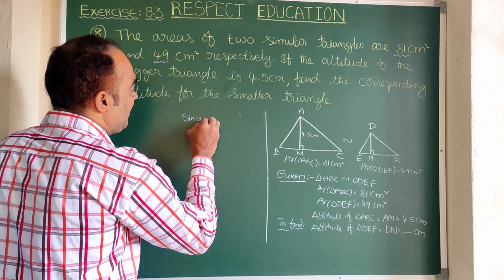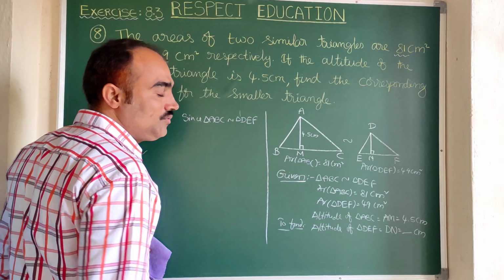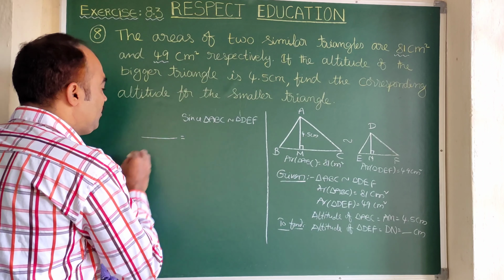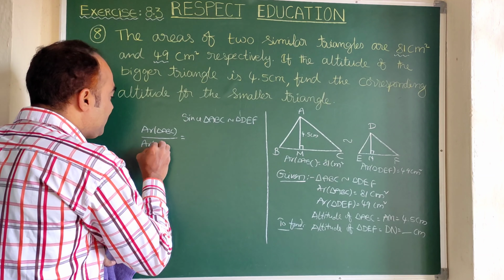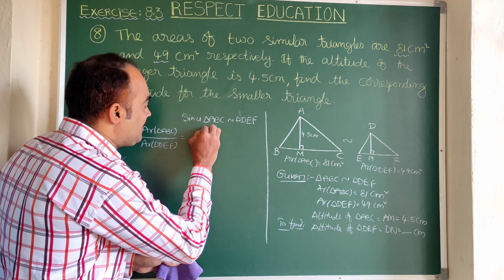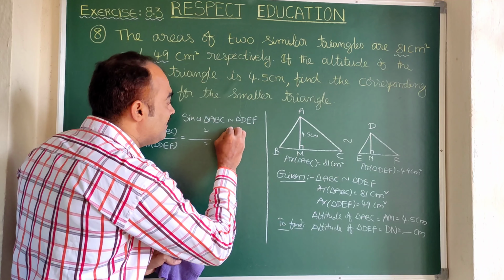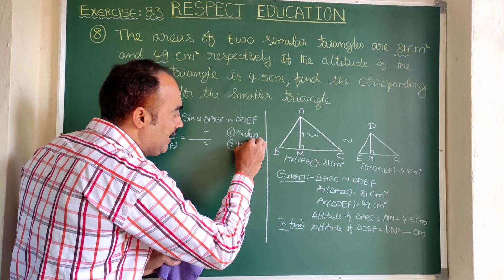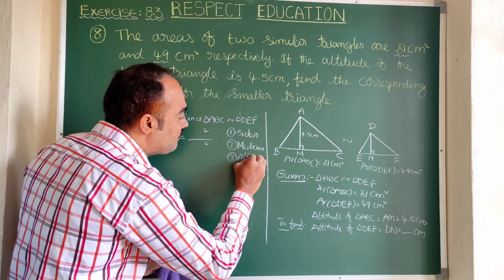Since triangle ABC is similar to triangle DEF, as we know, if two triangles are similar, the ratio of their areas, means area of triangle ABC by area of triangle DEF, is equal to the ratio of the squares of their corresponding sides, their corresponding medians, and their corresponding altitudes.